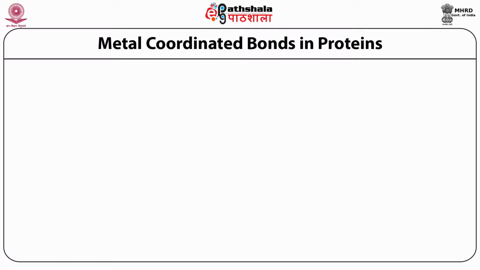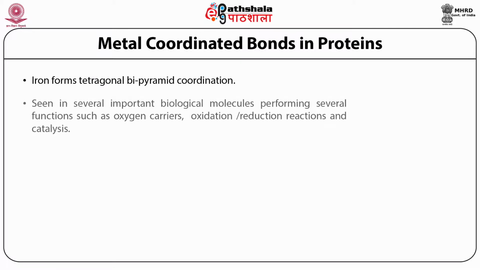Another example of metal coordination is iron. Iron forms a tetragonal bipyramidal coordination. It's seen in several important biological molecules performing several functions, such as oxygen carriers, which we all know, like hemoglobin, and you also see iron in oxidation reduction reactions and catalysis.